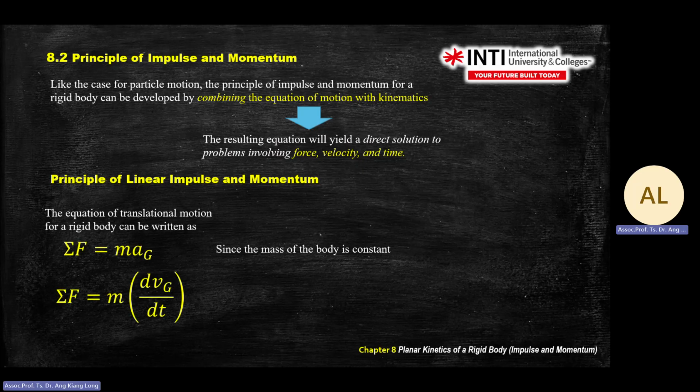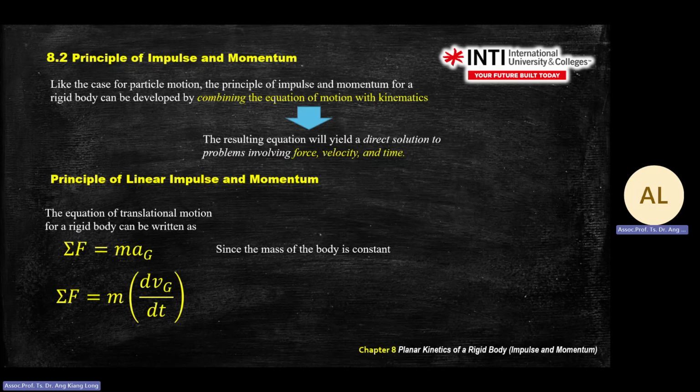So, okay, this is what you've seen previously, F equals m a. And you know that a is the time derivative of your velocity, dv/dt equals a. So you derive from here. F equals m a, F equals m times dv/dt. And because this is a rigid body, you always see there's a subscript G there.